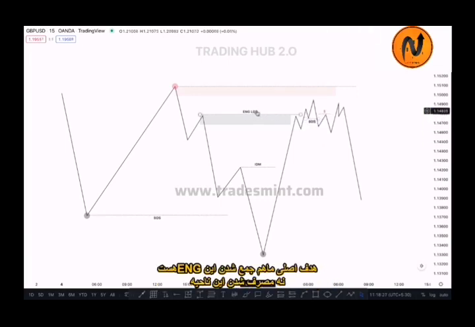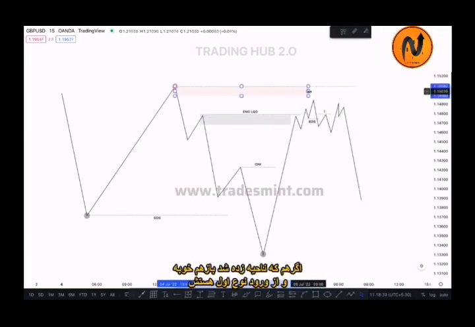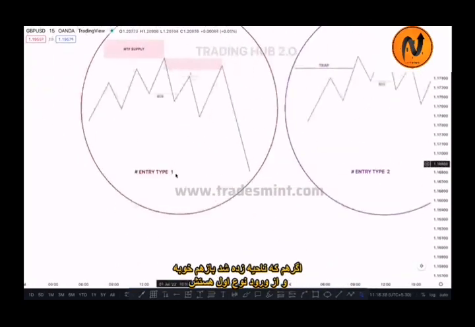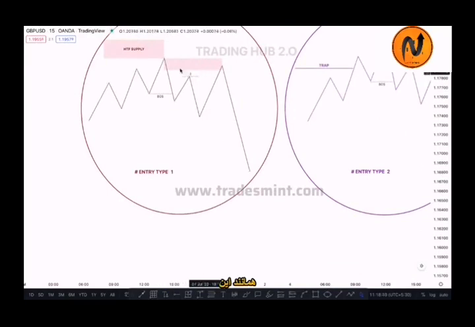Our main purpose is taking out the engineering liquidity, not mitigating the zone, correct? If the market mitigates the zone, which is very good, then you have to apply entry type 1, like this. The market takes out the minor inducement and we can sell here.